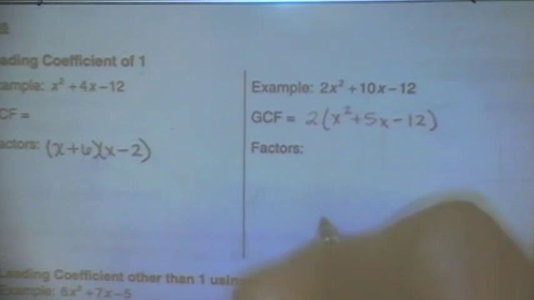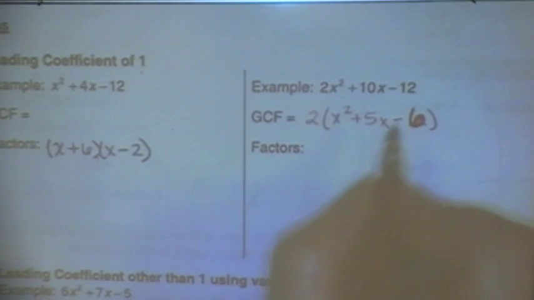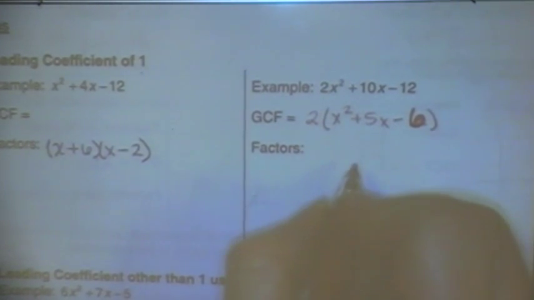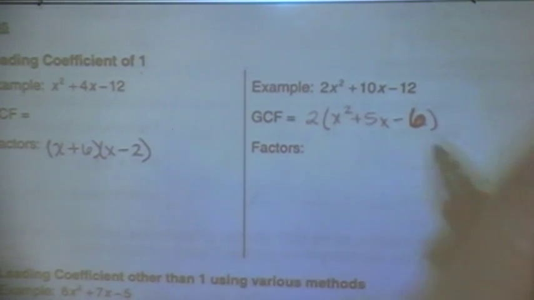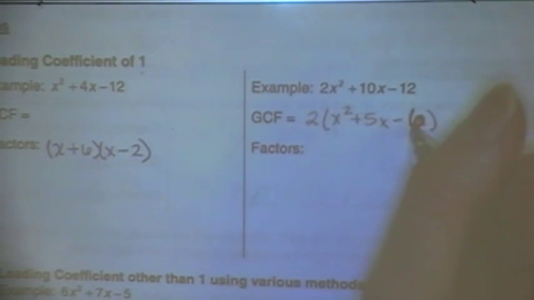So let's see, factors of 12, what? I didn't do that right, sorry. That's a 6. Factors of negative 6 that would combine to give you 5. Okay, so let's see, negative 6. Be careful on this one because it's a negative 6.